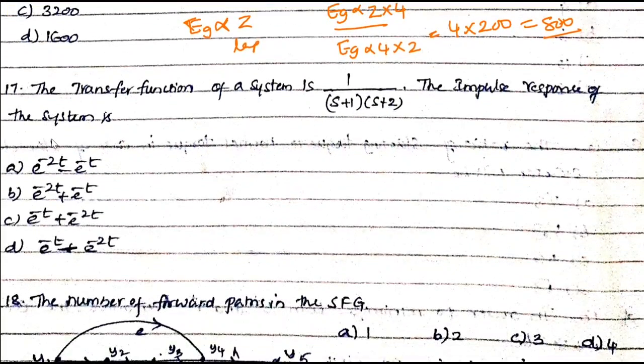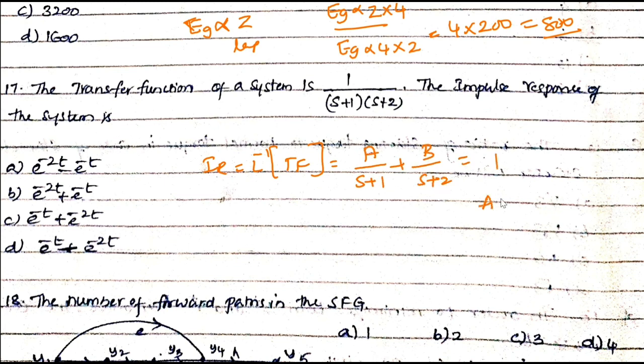Next one, the transfer function of a system is 1 by (s plus 1) into (s plus 2). The impulse response of the system is the inverse Laplace transformation of the transfer function. Doing the partial fractions, let me take A by (s plus 1) plus B by (s plus 2), equal to 1 by (s plus 1)(s plus 2).